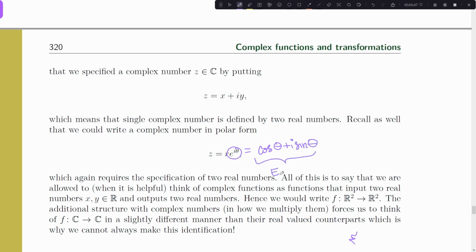This was Euler's identity. Then this starts to make it clear, hence, if I multiply by r, I have r cosine theta. What do you know? That's x in polar, plus i r sine theta. What do you know? That's y in polar. So that's why we can get away with representing the same complex number z either as x plus iy or as r e to the i theta.